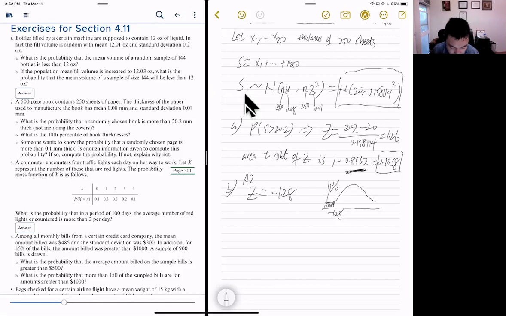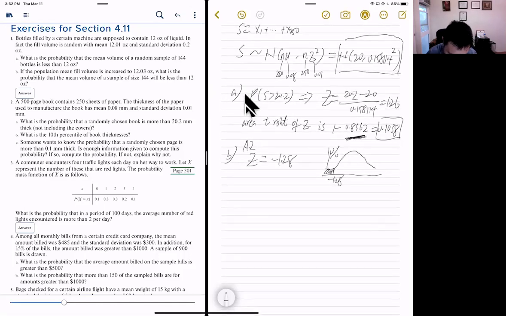Next, the Z value is equal to x minus mu over sigma, so we get x, which is this much.